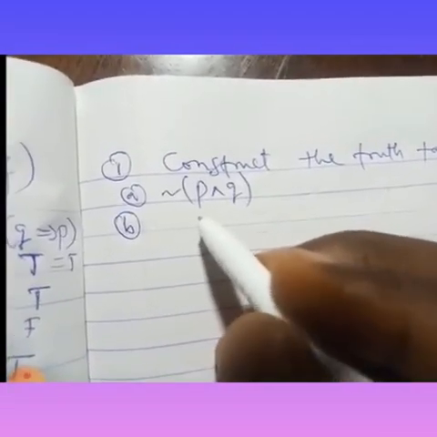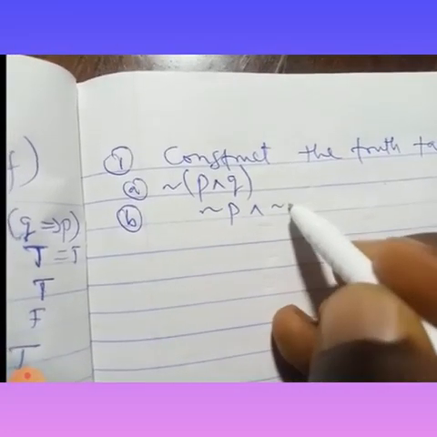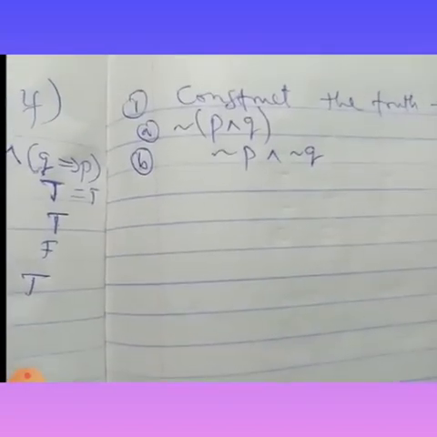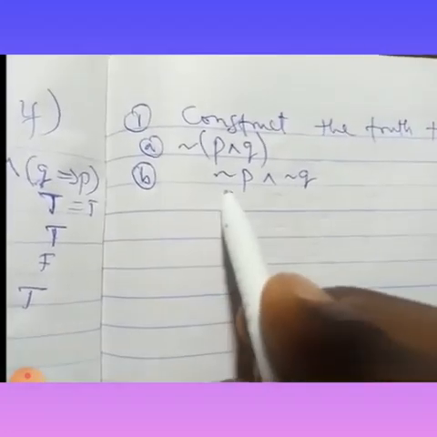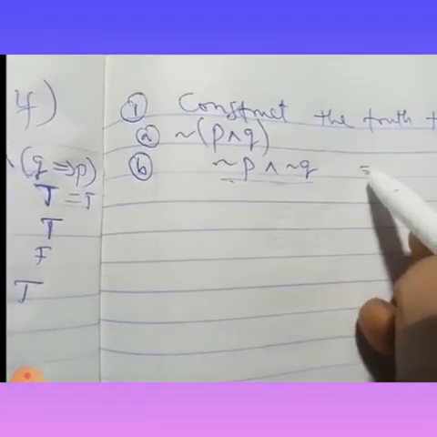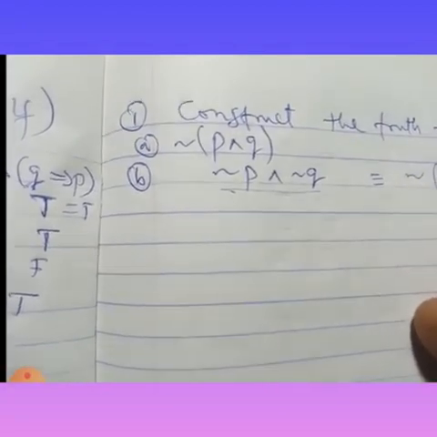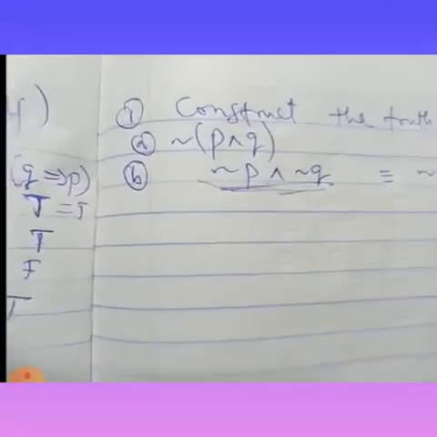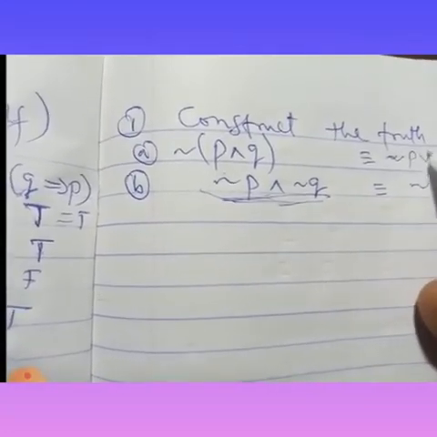We have negation of P and negation of Q. To construct the truth table for this, of course, we know that this is logically equivalent to negation of P or Q. Both are the same, but we want to focus on this. That's the question, to construct the truth table for this, which is logically equivalent to negation of P or negation of Q.